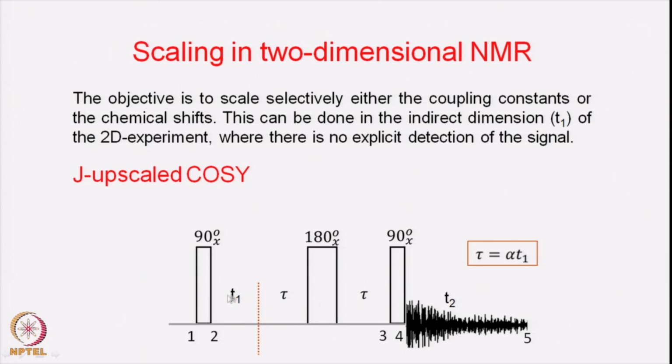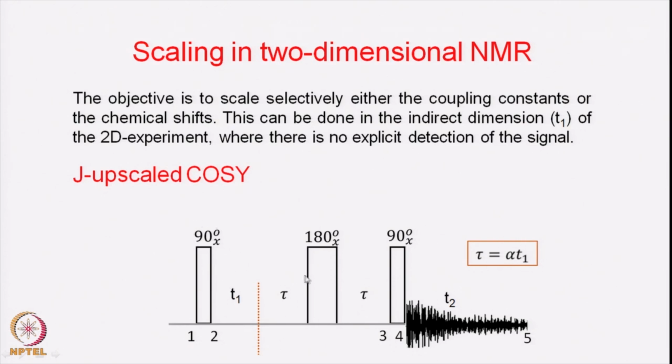Whereas in the t1 period, which is before the detection period, where there is no actual detection of the signal, we can play around with the pulse sequence and get some information of the type you want. We did the same thing in constant time COSY, where we had decoupled along the F1 axis. Here we are now going to discuss how we can make the J coupling constants changed.